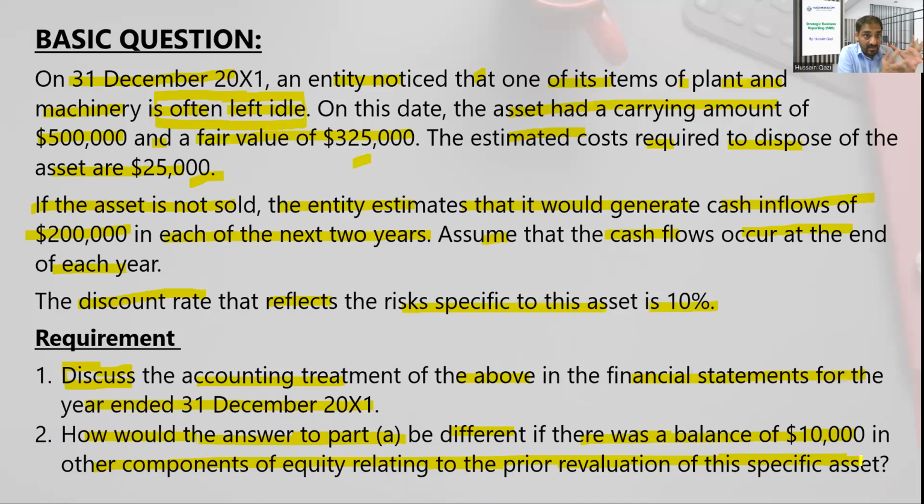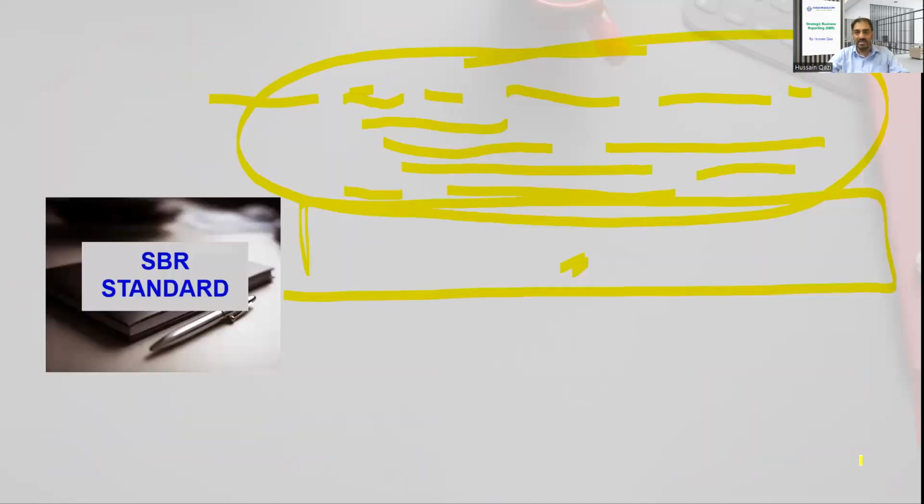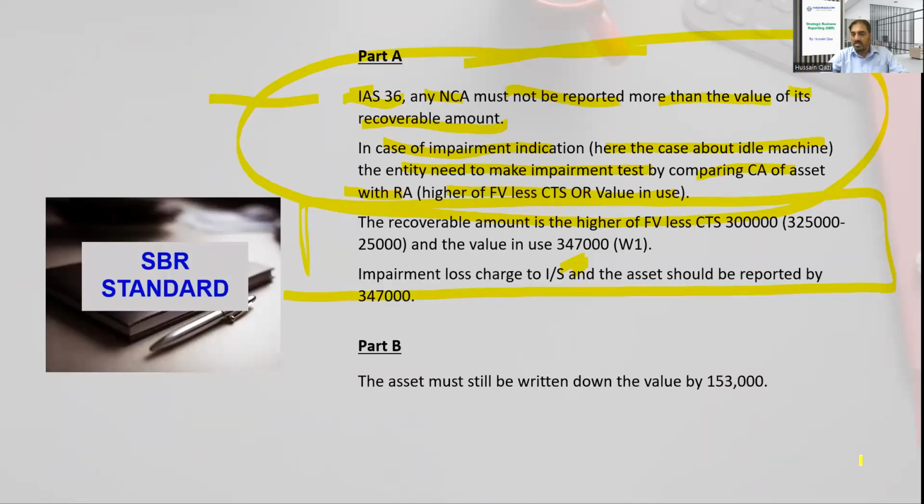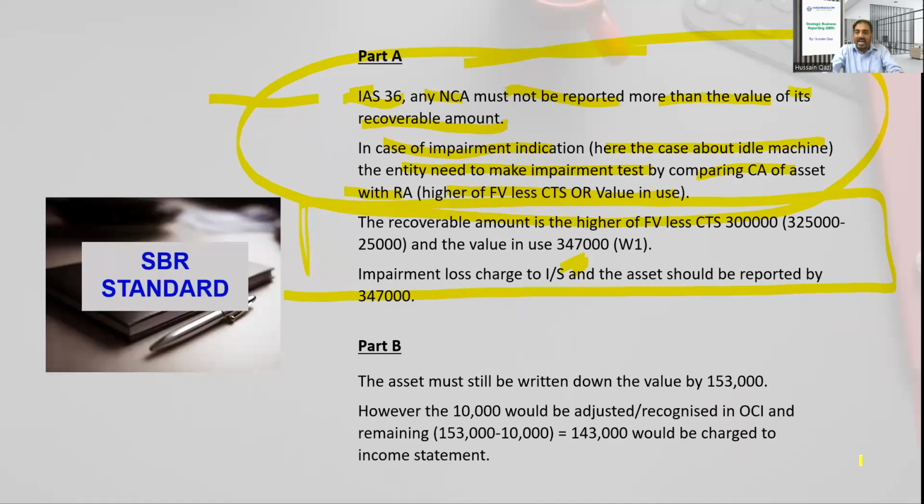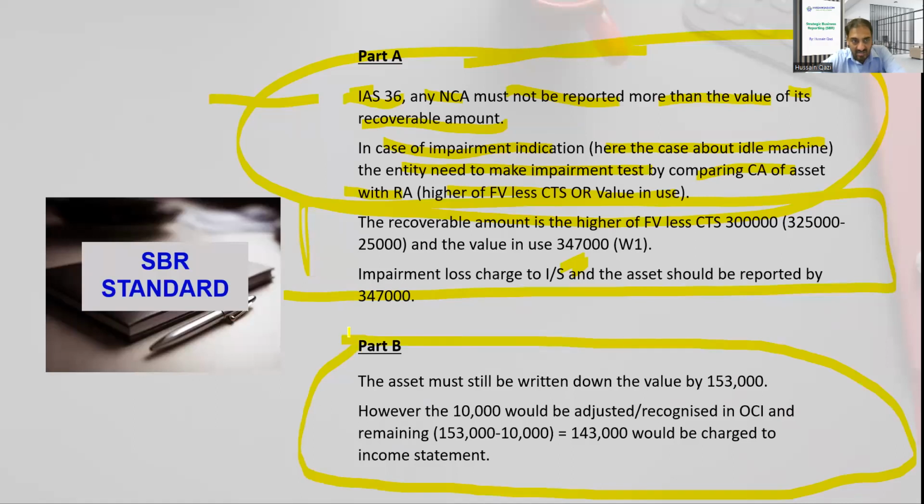First of all, adjust the impairment loss against the revaluation reserve and charge the remaining part to the profit and loss account. The same happens with part B. For part B, the asset must still be written down by 153,000. However, 10,000 would be recognized in OCI, and the remaining 143,000 would be charged to the income statement. And this is the SBR standard, that's a discussion-based approach.